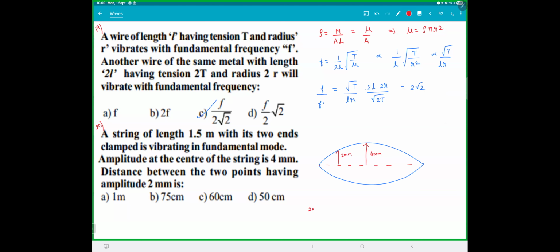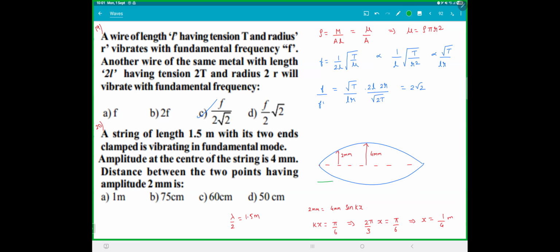So we get 2 mm is equal to 4 mm sin kx. kx is equal to pi by 6, and x will be, so here lambda by 2 is 1.5 meters, so lambda is 3. That's 2 pi by lambda.